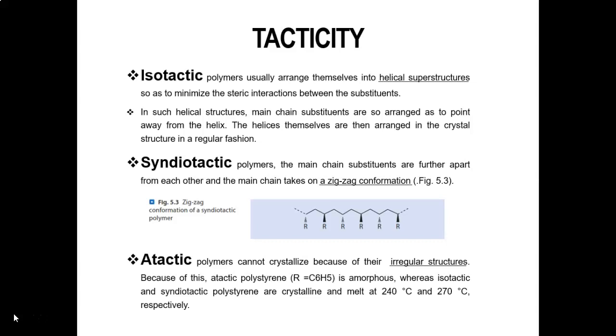For example, we can see the structure of polypropylene. Atactic polypropylene, which has a random structure, has a very low melting point, and it is a gooey material. Isotactic polypropylene has a high melting temperature, as high as 176 degrees C, in the crystalline state.